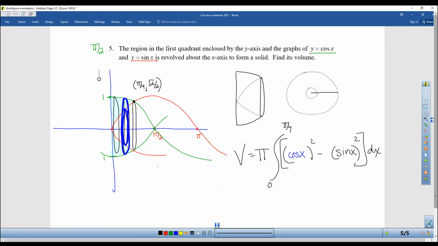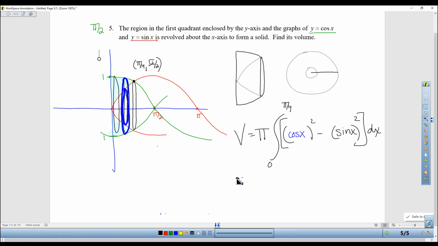Well, unfortunately, if you had to do it by hand, it would be really annoying if you didn't remember that cosine squared minus sine squared is actually just cosine of 2x. And then it's not too bad at all. So a little identity from pre-calculus, dx, and then you can use u substitution to finish that up. The final answer is pi halves.